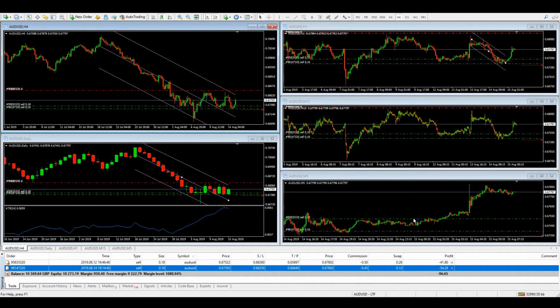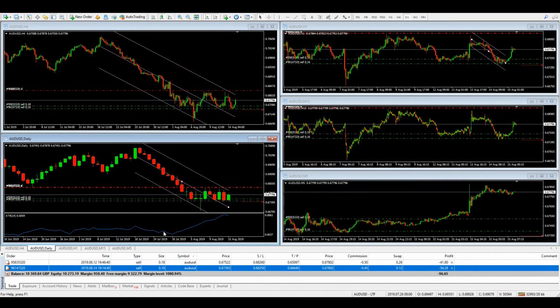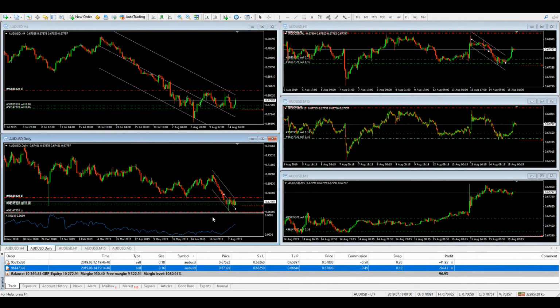So here, that's the trade that we've got on AUD/USD. One thing to bear in mind, I think I mentioned this last week, the ATR is one of the indicators, probably the only indicator I really use on the daily, and it's not really for a massive amount of information. It's just to tell me how achievable a profit target is, how volatile a pair is.